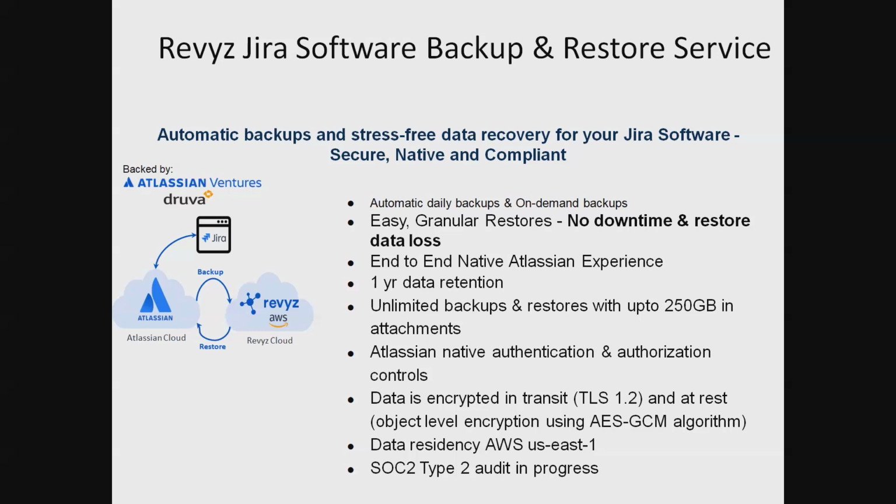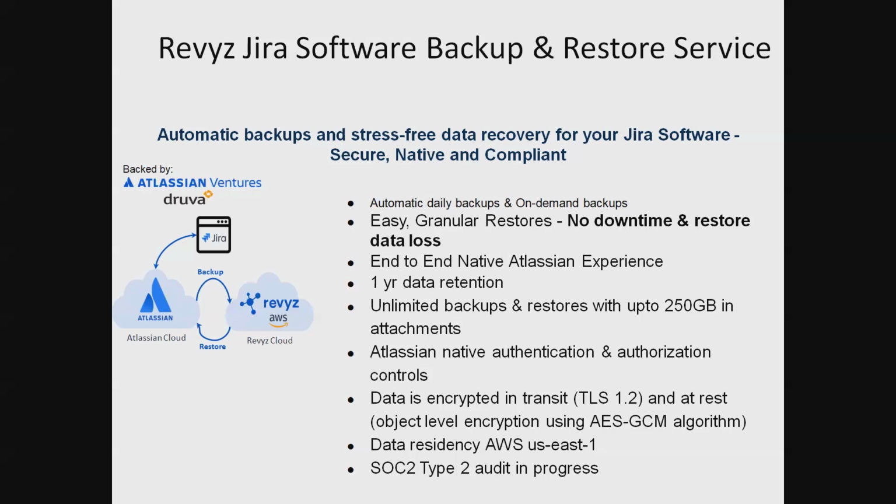Then data residency is AWS US East Zone. This add-on is available for the US East Zone as of now, but soon it will be available for all users. SOC 2 Type 2 audit is in progress as per their compliance and certifications.